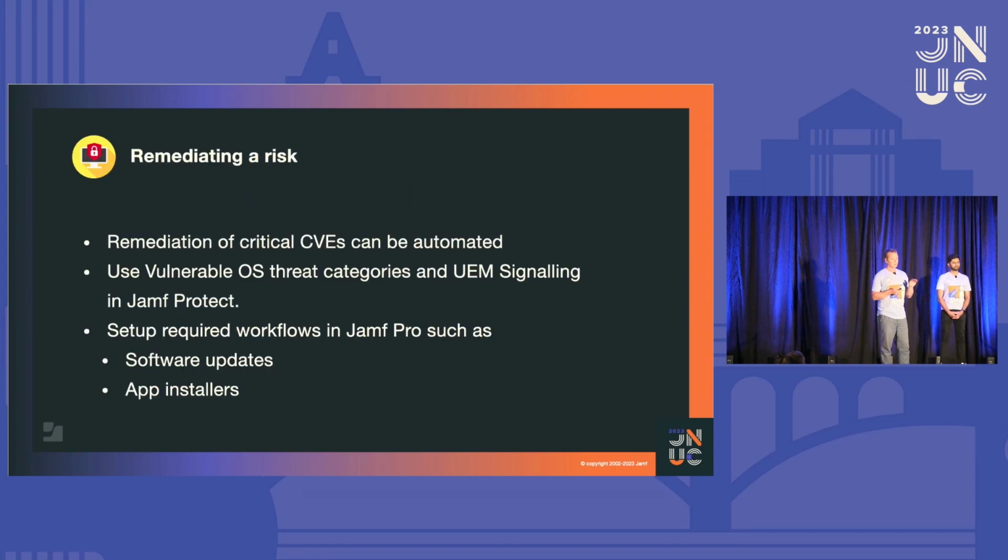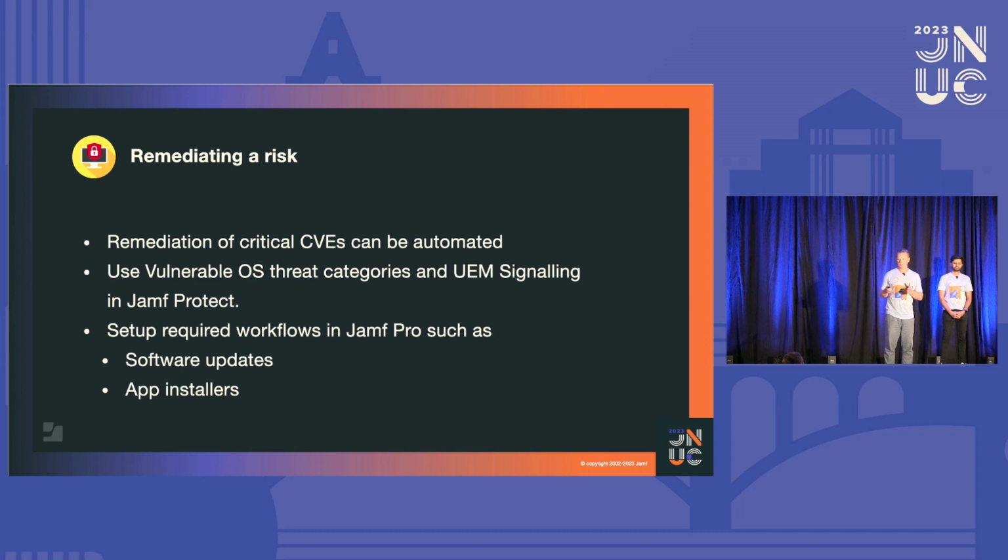If we are able to use an automated or semi-automated workflow for remediations, we will get faster response times and lower IT resources required for patching. For that, we will use Jamf Protect and its UEM signaling feature to execute remediation workflows in Jamf Pro.